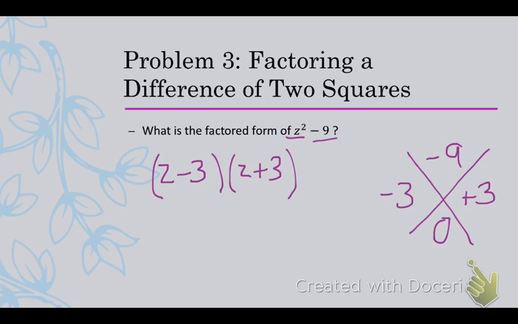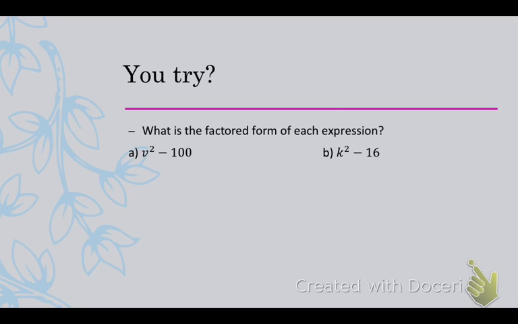Pause the video and email me that you are at 7.6, 7 minutes and 6 seconds. Alright, I want you to try both of these because they're both perfect squares.